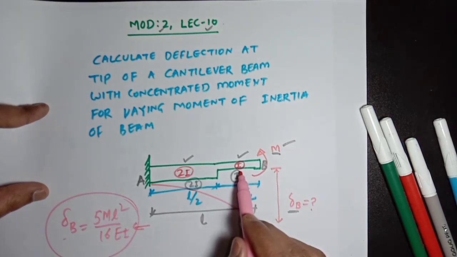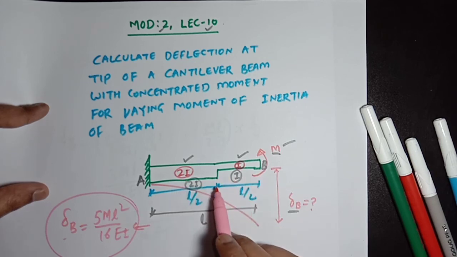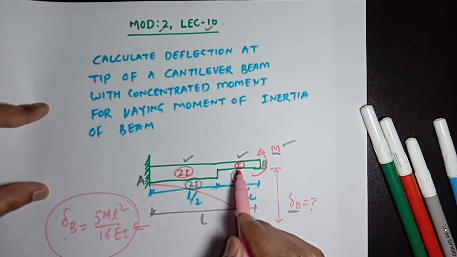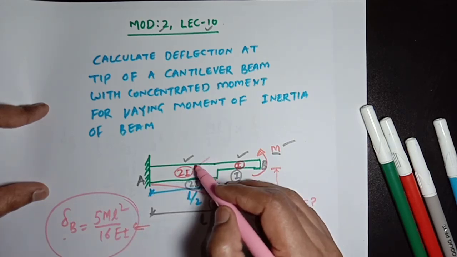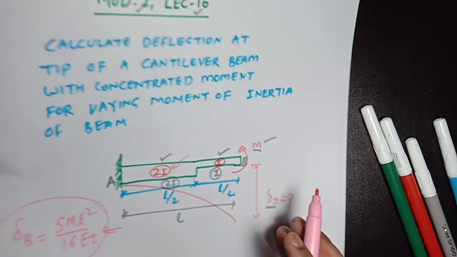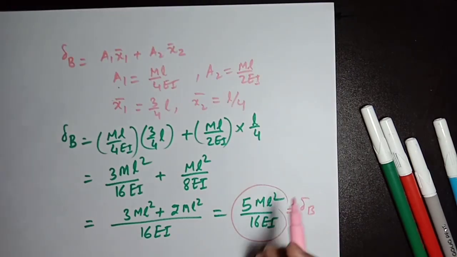Here the moment of inertia was varying: from 0 to L by 2 it was I, and from L by 2 to L it was twice the moment of inertia. So I hope your concept of solving deflection for a cantilever beam having a varying moment of inertia has become clear.